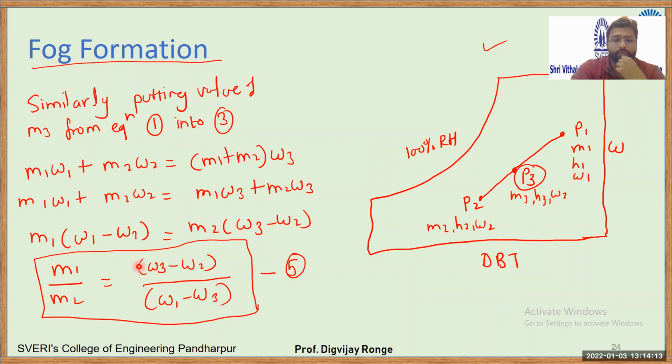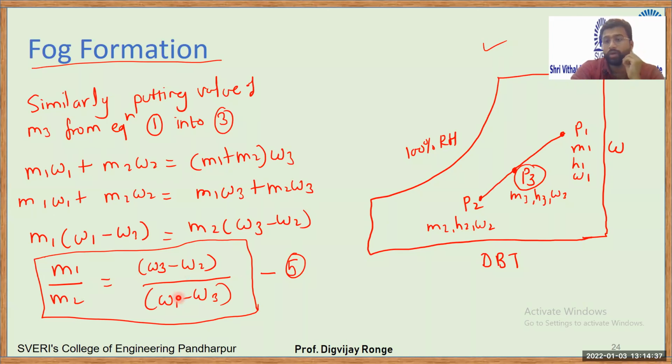That is, specific humidity of outlet minus specific humidity of one inlet, divided by specific humidity of the other inlet minus specific humidity of outlet. So it depends on M1 upon M2, right? If I take M2 by M1, in that case this will be in the denominator. Okay, so remember this formula.